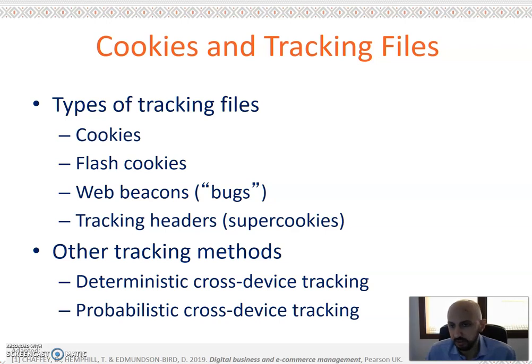We call it cookies, or flash cookies, or web beacons, or bugs. A tracking header is a small file that enters your machine, and nowadays there are a lot of warnings for cookies because the rules and regulations have changed. So you have this file registering all of the information needed about you as a user.